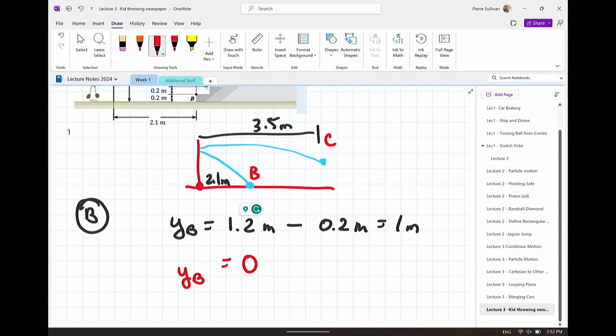Plus 0 times time, because I can say it's y naught plus vy naught t plus 1/2 gt squared. And I had a question yesterday about what to do with g. I like to write it as a positive number generally, or a positive variable, and then afterwards take care of it.